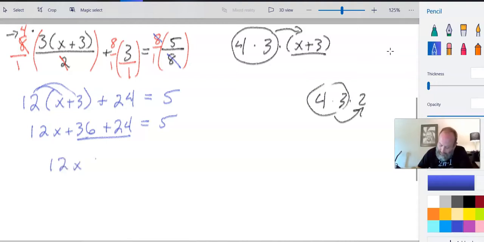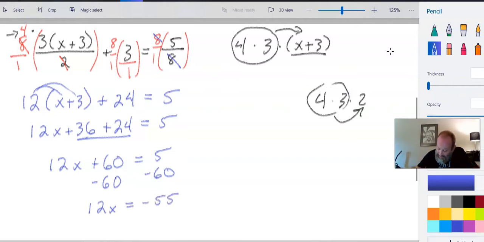So that's 12x plus 60 equals 5. So far so good. Now we're back to that original two-step equation that I worked out in the first example. I'm going to subtract 60 from both sides. That gives me 12x is equal to negative 55. And then the last step is to divide off this 12.